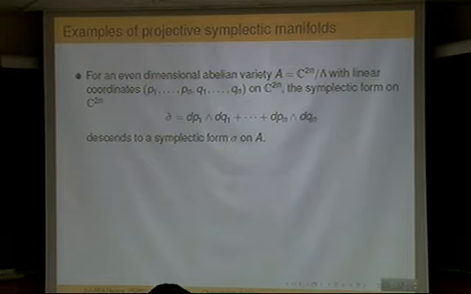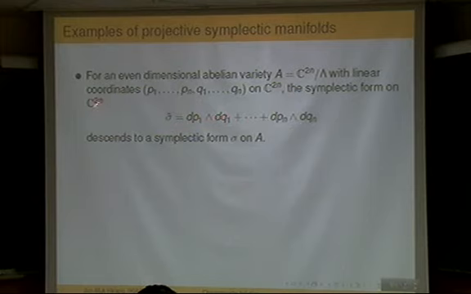So let's give some examples. This is a trivial example. You choose an even dimensional abelian variety. Now you pick linear coordinates p1 to pn and q1 to qn on this 2n-dimensional complex space. Then we have the following symplectic form on this vector space, given in terms of these coordinates by this expression.